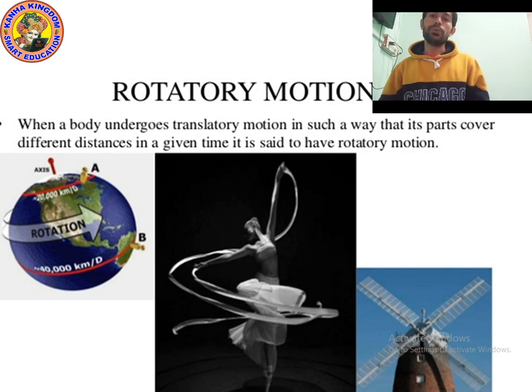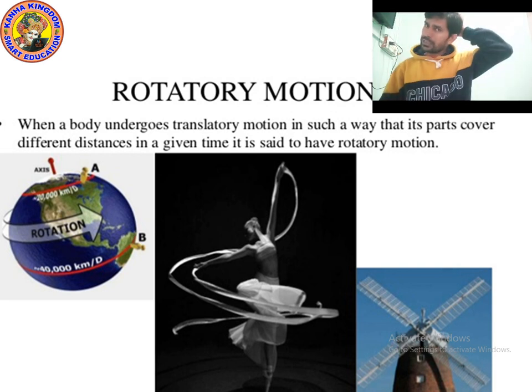So earth rotates at its place also. Earth revolves around the sun, and it also rotates at its place around a fixed imaginary line which is known as axis. So what is rotatory motion?